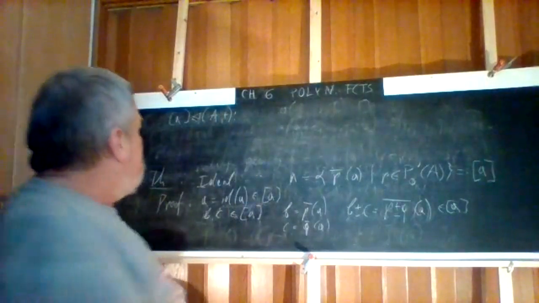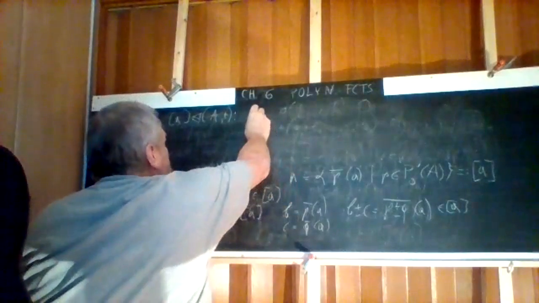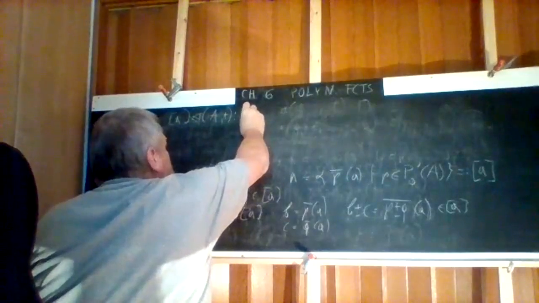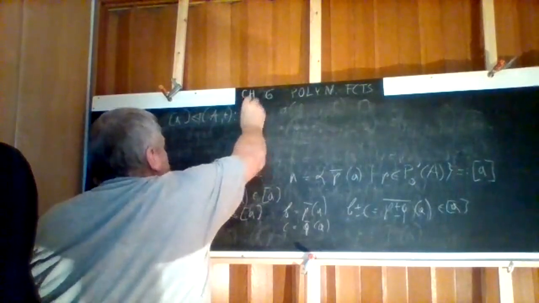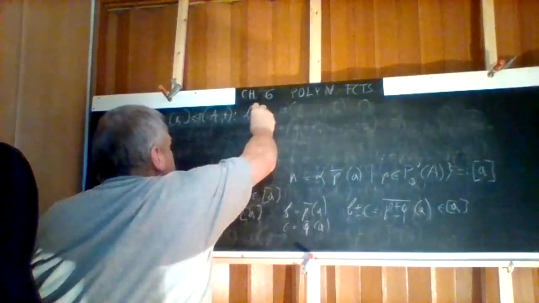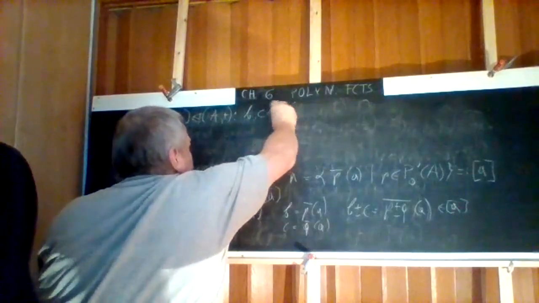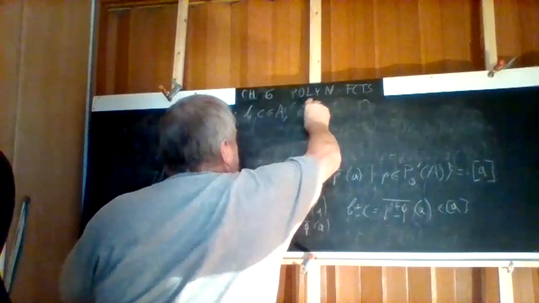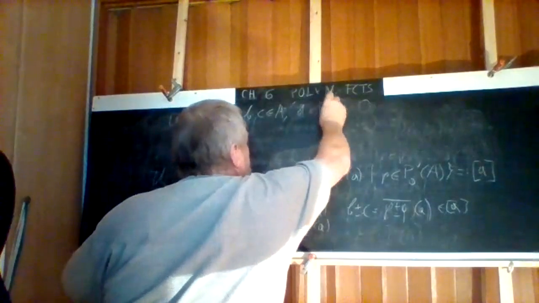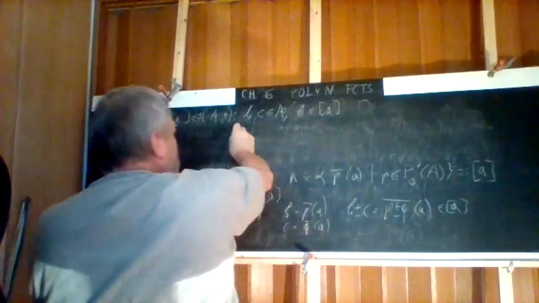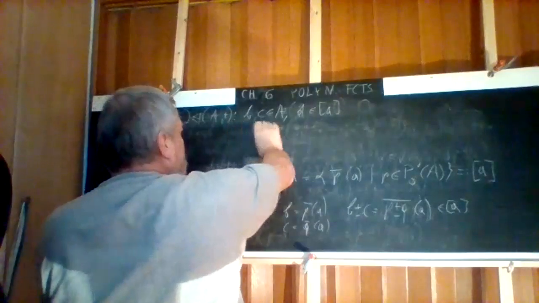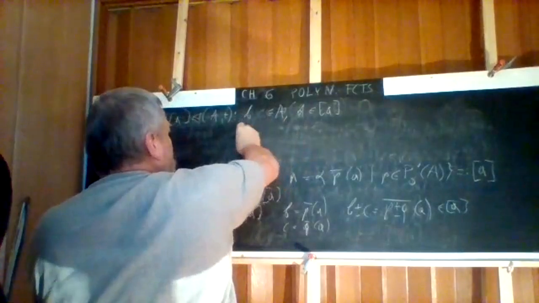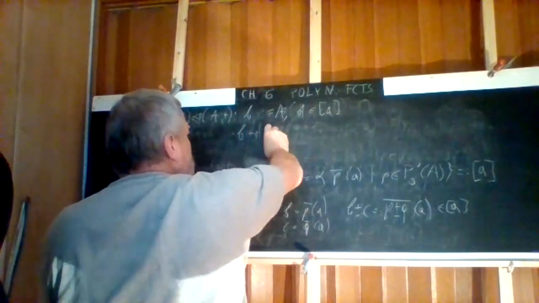Let's take some B and C in A, and let some D in bracket A. We just have to take care of B plus D minus B.